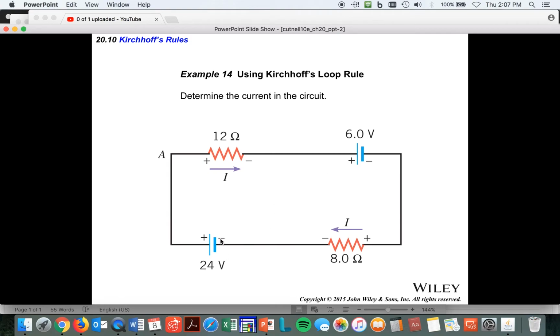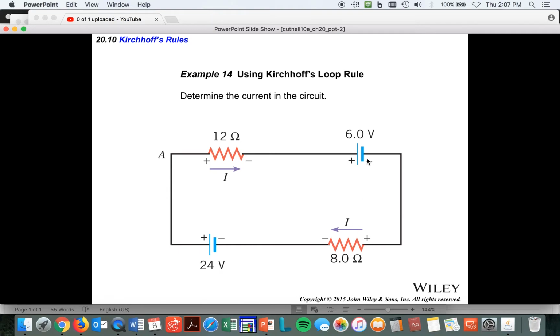So it starts here. I'm going to start on a negative node. Boom. Gain 24. Dropped 12 times I volts. Dropped 6 volts because I'm going against it. This is facing the wrong way. Dropped 8I.